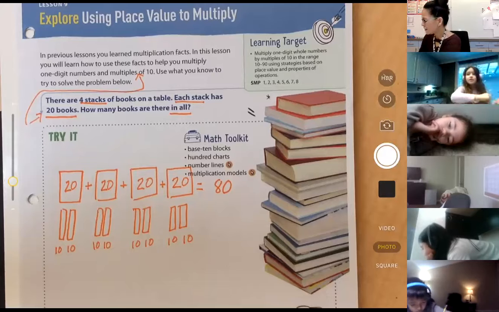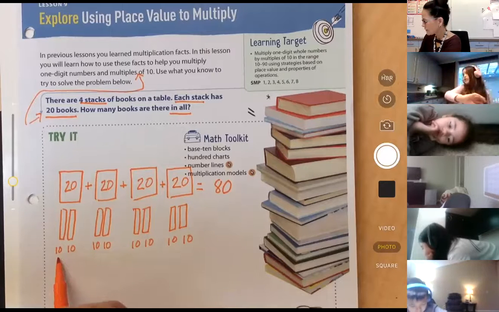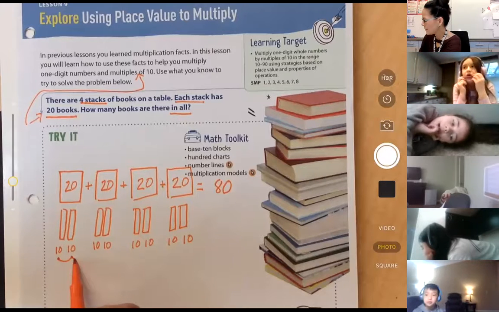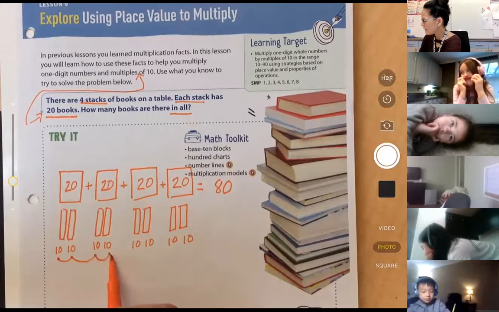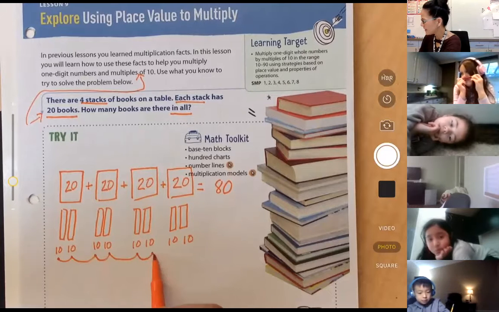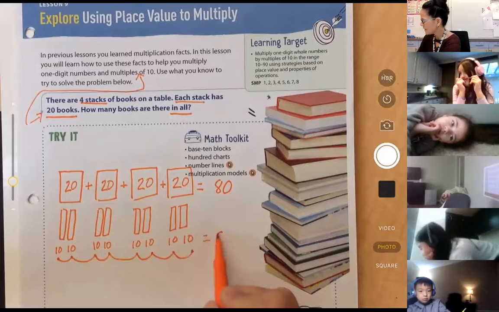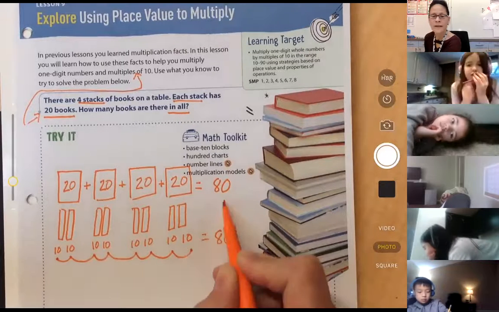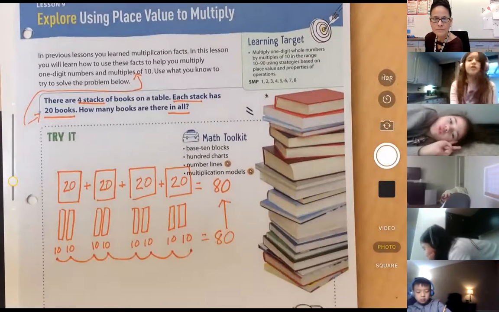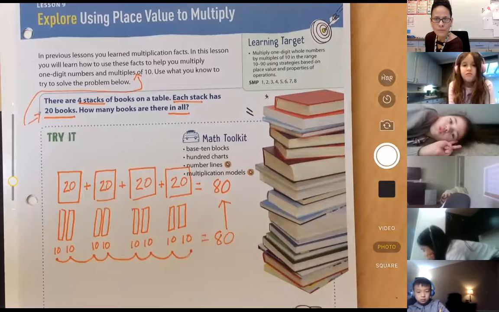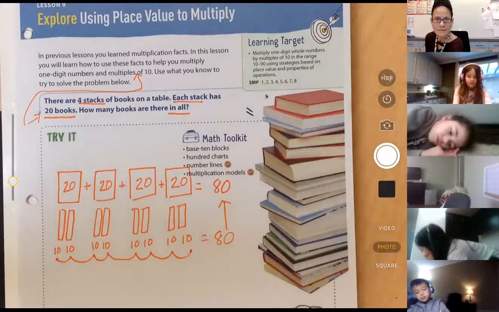Let's try it. So I start 10, 20, 30, 40, 50, 60, 70, 80. And oh, look, it matches. Multiples of 10, friends. Multiples of 10.